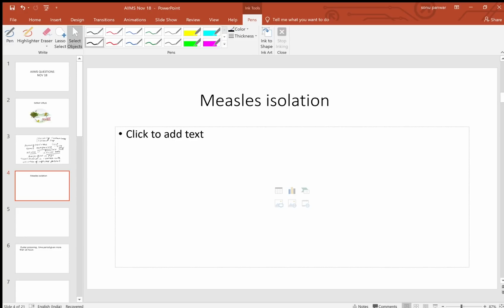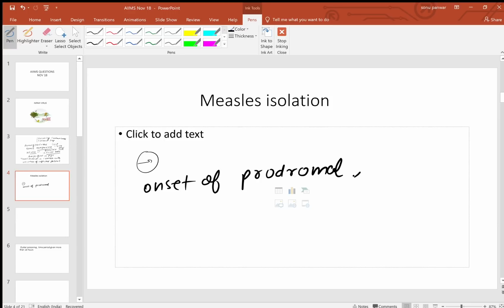The option which was given to me was that in measles you isolate from the onset of the prodromal stage to the third day of rash.